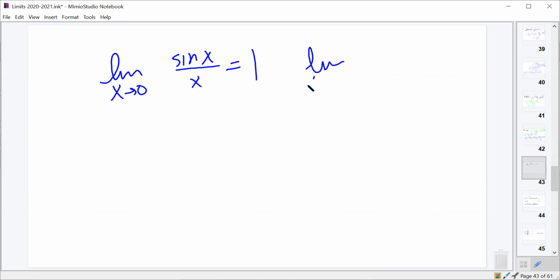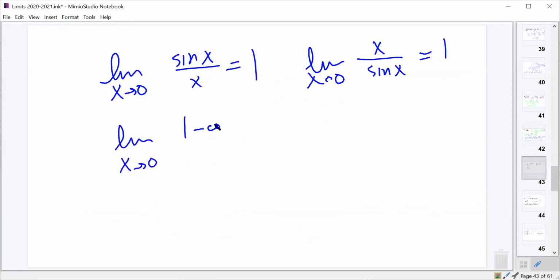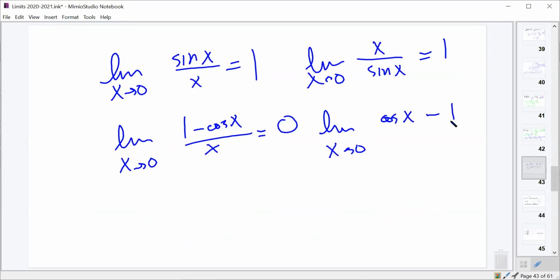The limit as x approaches 0 of x over sine x is 1. And the limit as x approaches 0 of 1 minus cosine x over x is 0. Limit as x approaches 0 of, I just mentioned this one, we didn't actually use it, but cosine x minus 1 over x is 0.